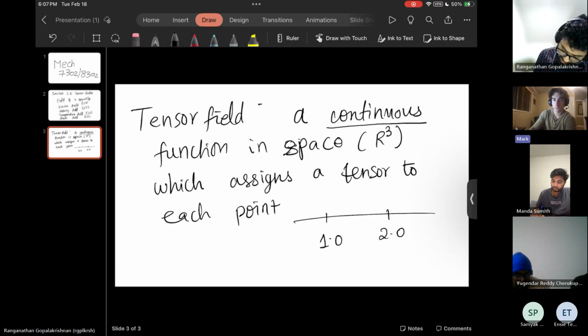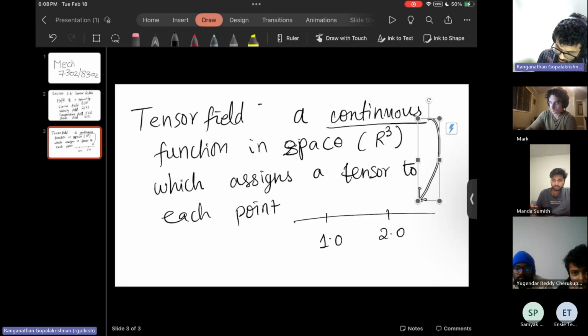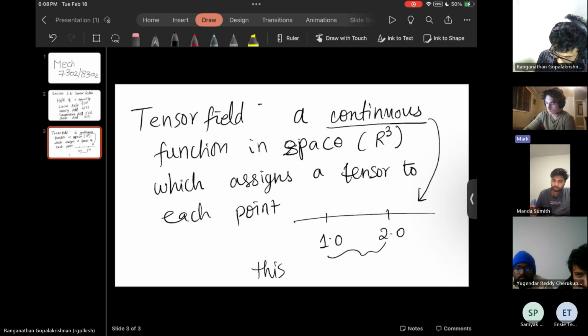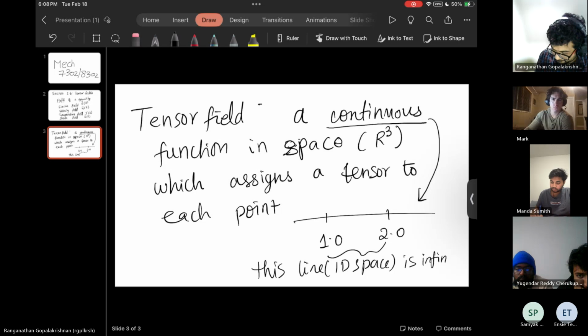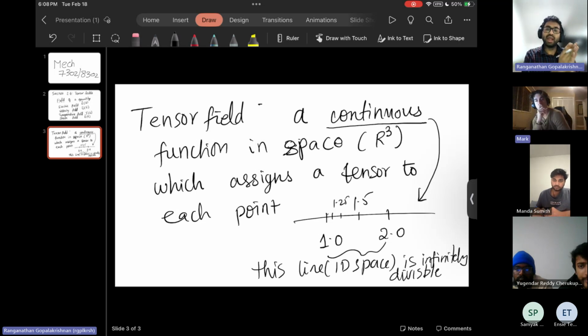By continuous, what we mean is that this line, which is like one-dimensional space, is infinitely divisible, meaning you can generate a point between them, say 1.5, and you can keep dividing further and further so that you keep ending up with a point at which your property is still mathematically defined.